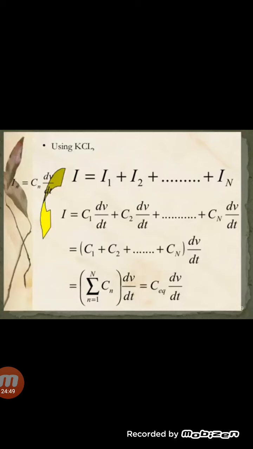So it will give a very good equation, that is dv over dt is constant, and we get C1 plus C2 plus Cn into dv over dt, the summation n varies from 1 to n of Cn. Equivalent capacitance, C equivalent, over dt.